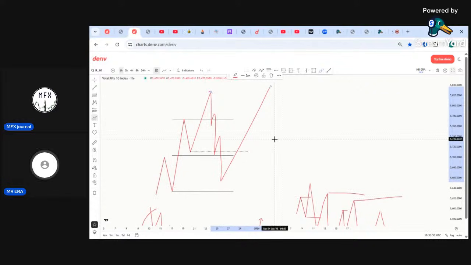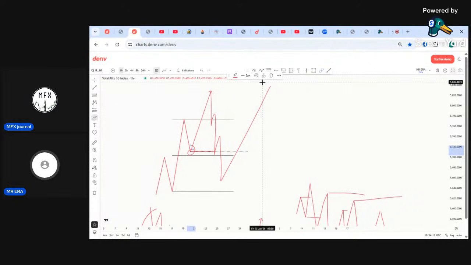Sometimes some people take this as a break or a change of character to the downside. Meanwhile, this is just a liquidity grab to continue to the upside. Now, since we are talking about directional bias, you must understand your start and your finish point. Understanding this helps you know what you are looking for.